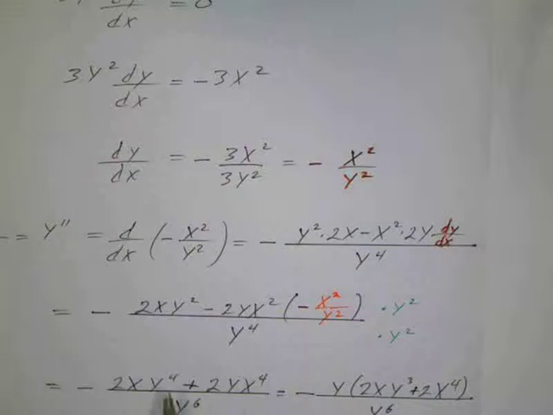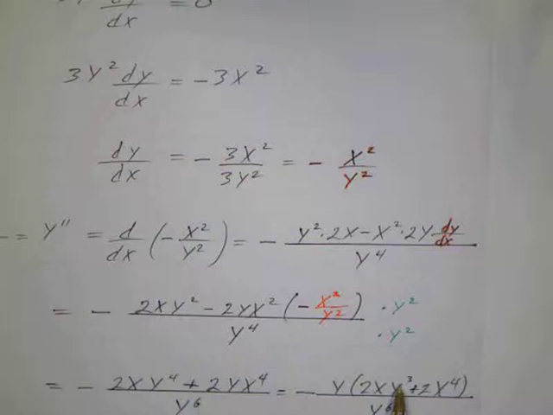And what I notice is that I've got y here I can factor out and I can eventually simplify. So I factored a y out of both these terms. So that gives me 2xy to the third, 2x to the fourth, a y in front, and then y over y to the sixth. One of these cancels out to form a 1, and I have y to the fifth on the bottom, and then just this on the top with a negative in front.